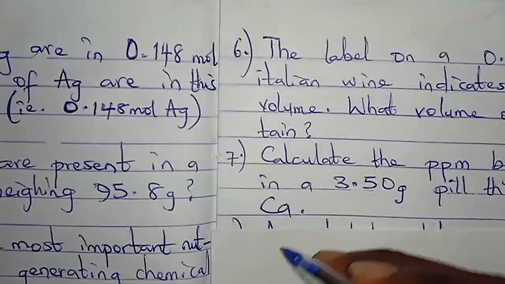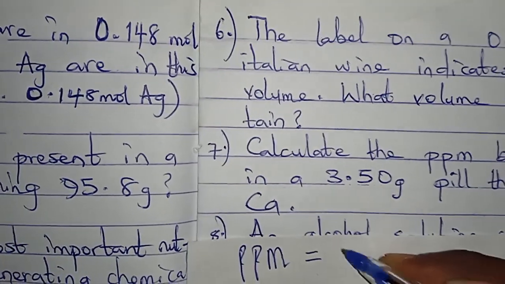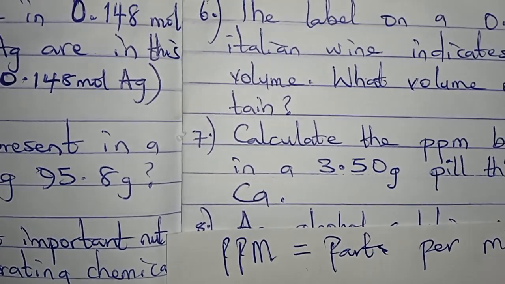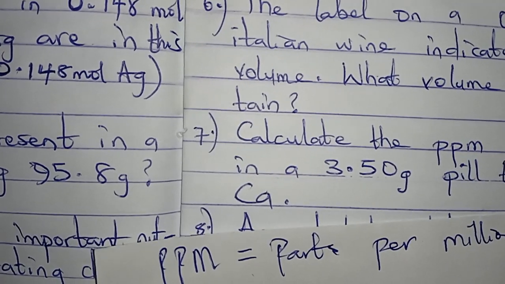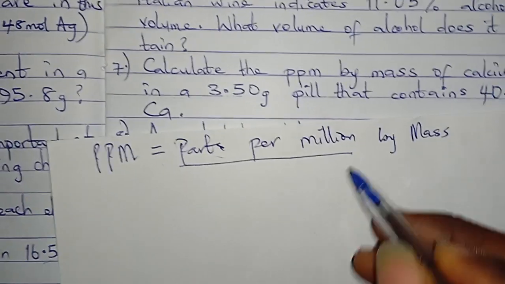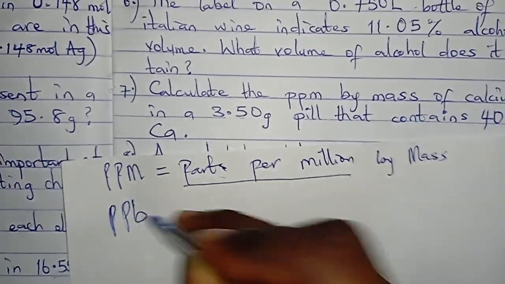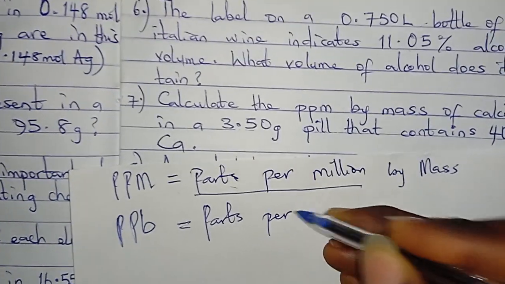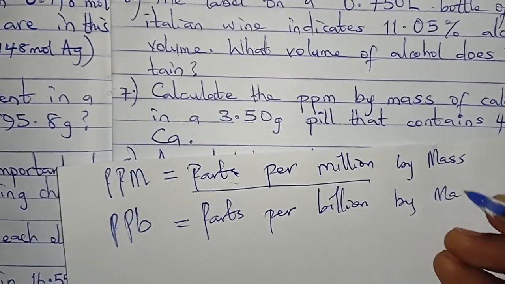So this ppm simply means parts per million by mass. We have another one called parts per billion by mass.